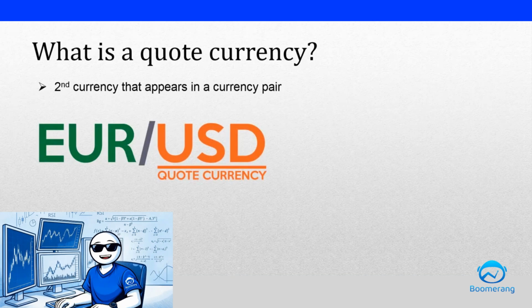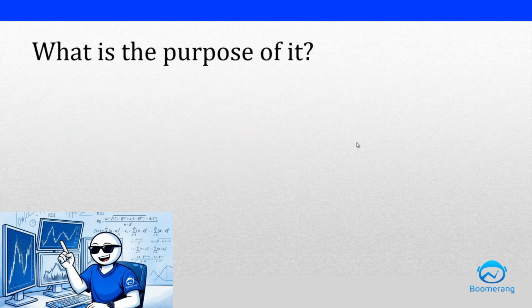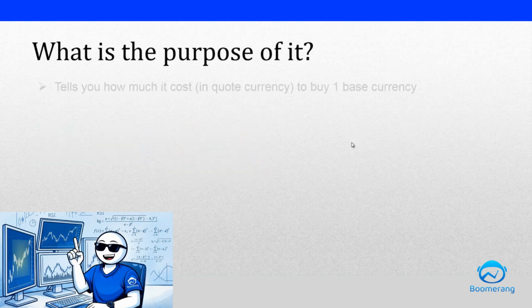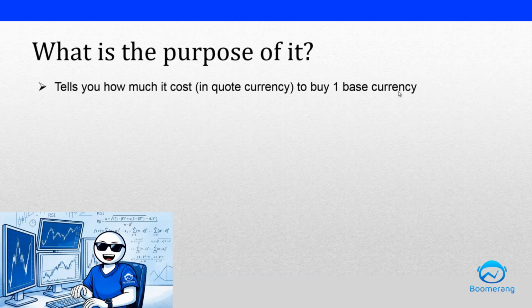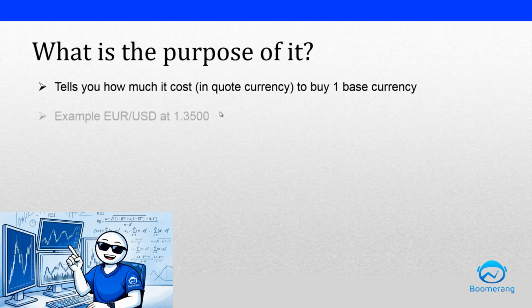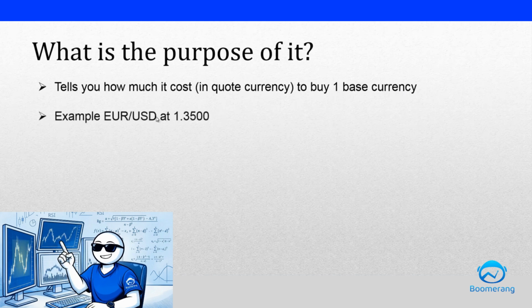Now you might be wondering, hey Vayner, what's the purpose of all this? The purpose is to tell you how much it costs in code currency to buy one base currency. I know that sounds like a technical mouthful, so I'll break it down simply. For example, euro dollar at 1.3500.